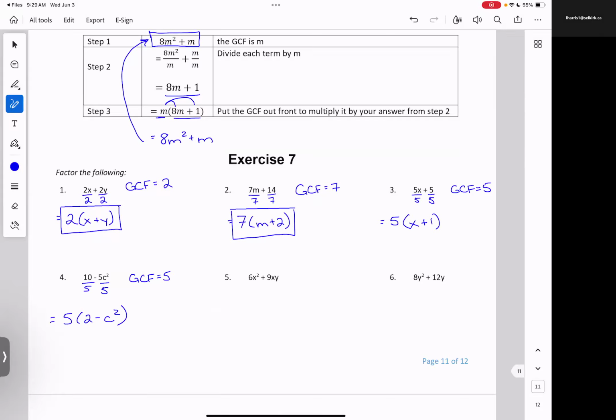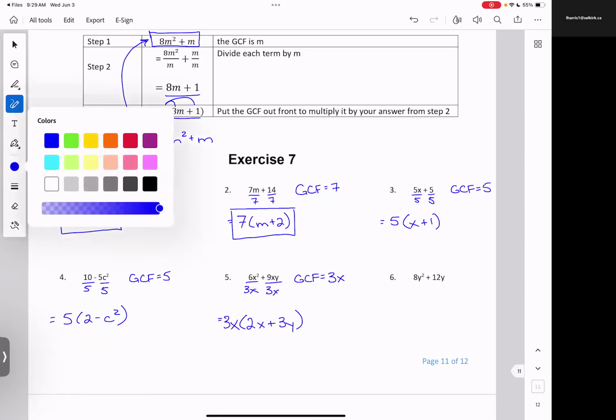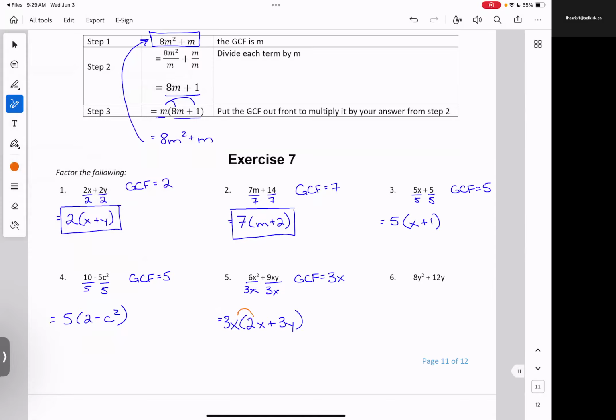In number 5, our GCF here is 3x. So we're going to divide each of these by that 3x. That leaves us with 2x plus 3y, and then we have a 3x out front. And again, if you wanted to check that, maybe I'll check this one. We would get 6x squared plus 9xy.